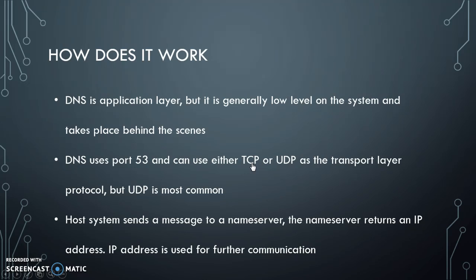None of that changes by using DNS. But what happens is it sends a message across the network to a name server. The name server is then responsible for returning an IP address. Then, for any other communications across the network to that host, the system will use the IP address for that actual communication.